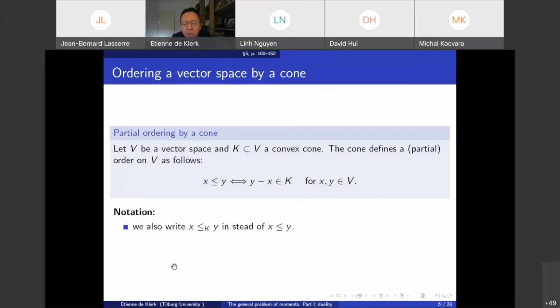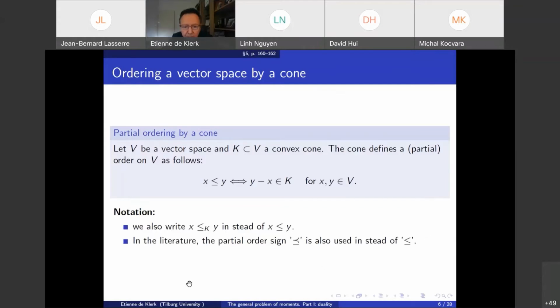We might also switch the inequality, so instead of writing X smaller or equal Y, we might write Y greater or equal X. We just understand it in that way. Also in the literature, we quite often see a different partial order sign, which I think is actually the more proper notation, but Radinov uses the smaller equal notation.